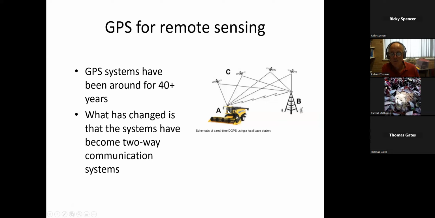But basically the person can sit there working off the GPS satellite system, because we've now got two-way communication systems. It used to be that the farmer would only be able to tell exactly where their position is, but now we can retransmit data back from the mobile station and keep updating it.